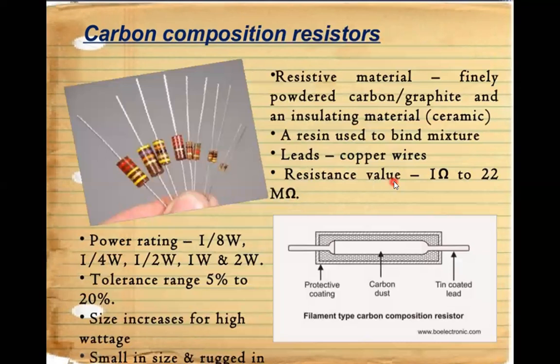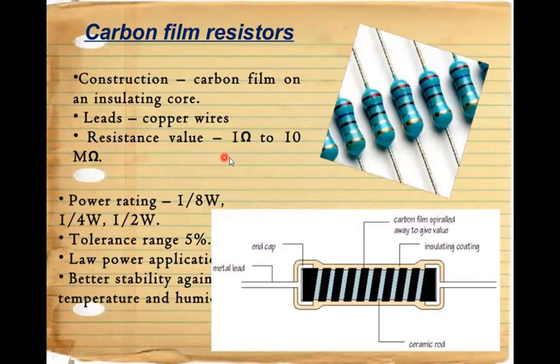Here you can see that this range is 1 ohm to 22 mega ohm, whereas here the range of resistance value is 1 ohm to 10 mega ohm. The power rating is 1/8 watt, 1/4 watt, and 1/2 watt. Tolerance range is 5%. Low power applications, better stability.